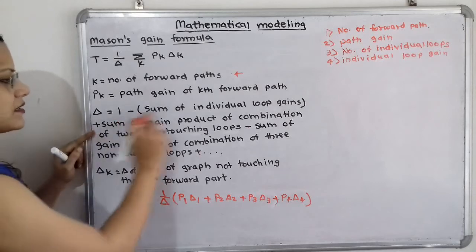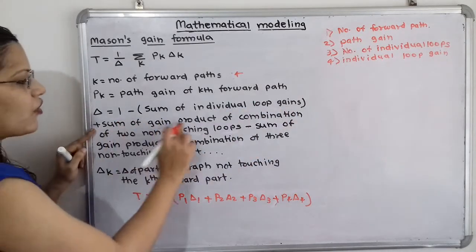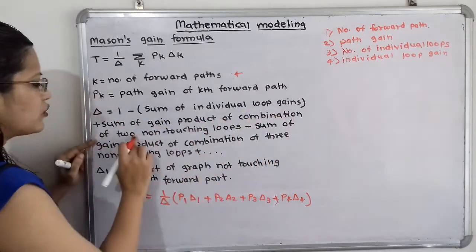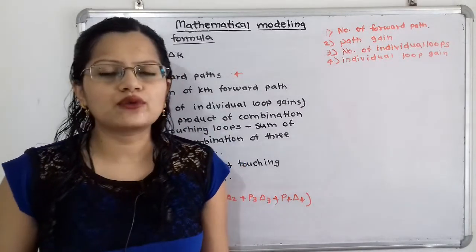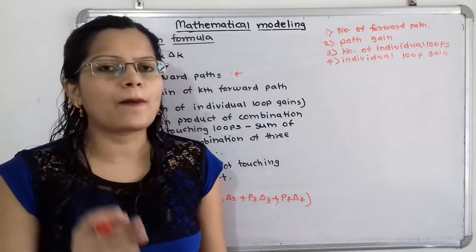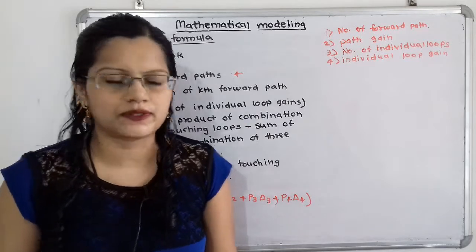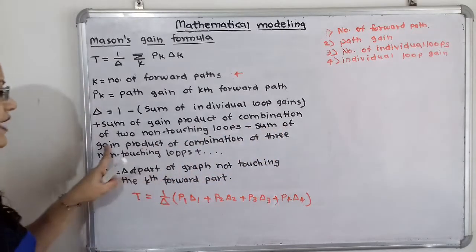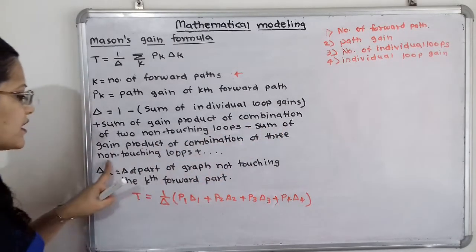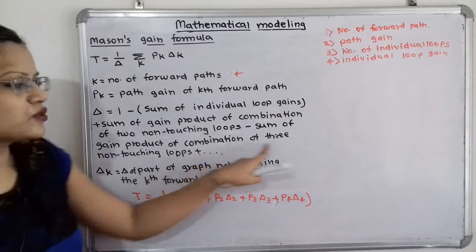Then next is plus the sum of gain products of combinations of two non-touching loops. So here also we have to take the gain product of combinations of two non-touching loops. If we move next, again there is a minus sign, sum of gain products of combinations of three non-touching loops, plus and so on.